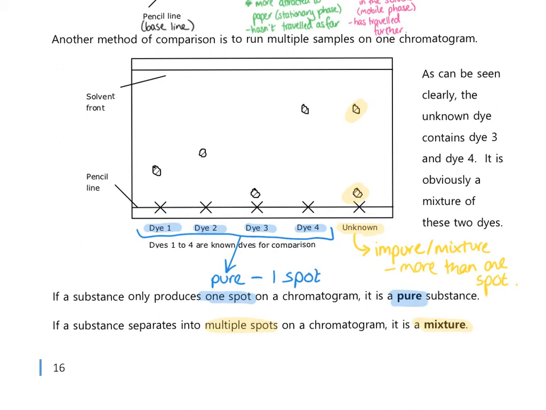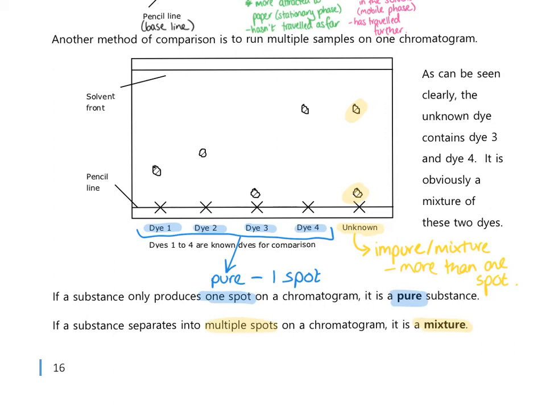Those spots are going to have the same RF value because they have travelled the same distance up my piece of chromatography paper. So if I took the RF value, which remember is the distance travelled by the spot divided by the distance travelled by the solvent front, you can see this is going to give me the same value.